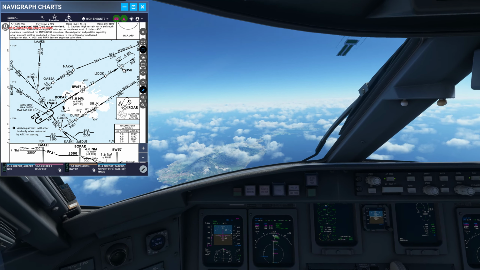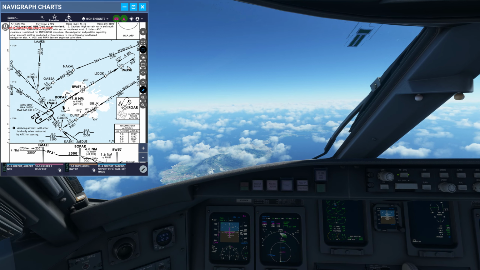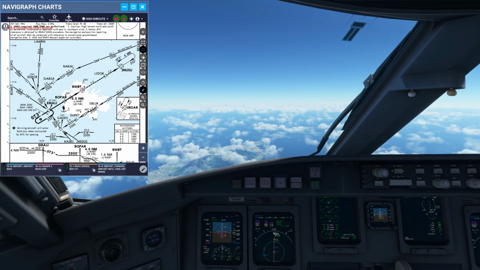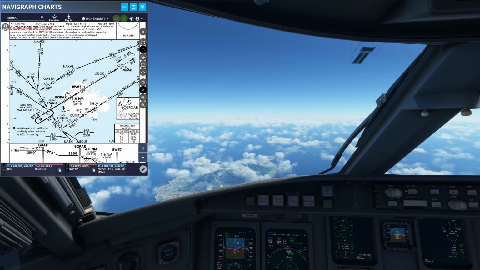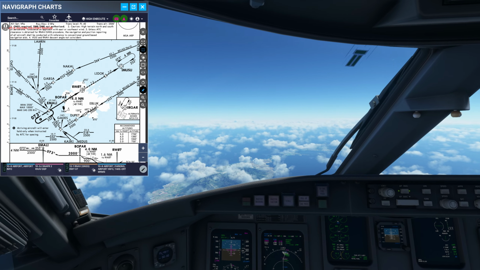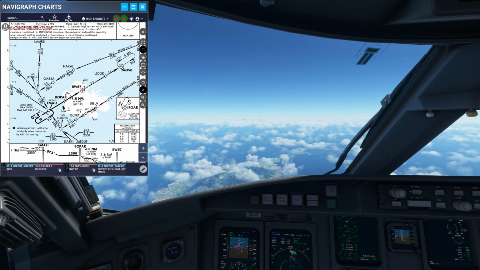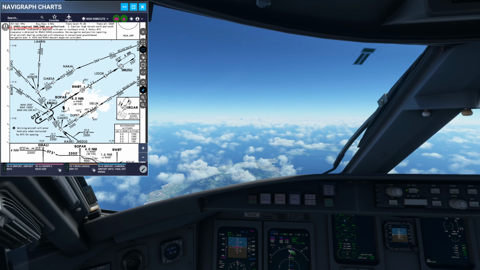It might not be confusing in a CRJ where the airplane's doing the work for you, but it certainly could get confusing in something like an Islander or a 172, a Warrior, a Mooney, or you might not be flying glass panel. You've got to make a left-hand turn to get into a right-hand holding pattern. I don't like doing that.